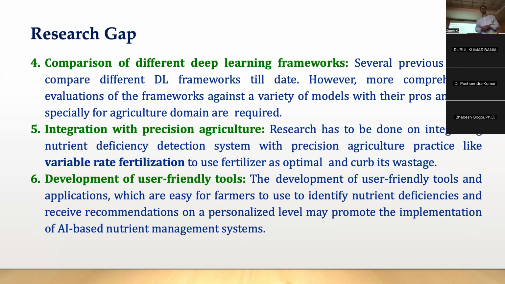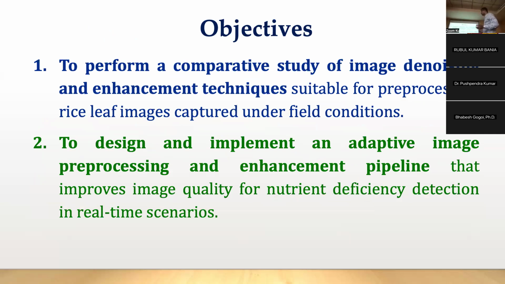So, these are the research gaps, and the objectives are to perform a comparative study of image denoising and enhancement techniques suitable for pre-processing rice images captured under field conditions. As we have already discussed, we'll emphasize pre-processing the images.